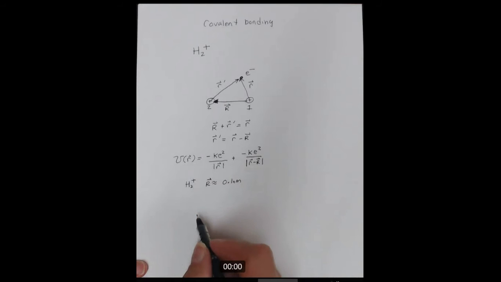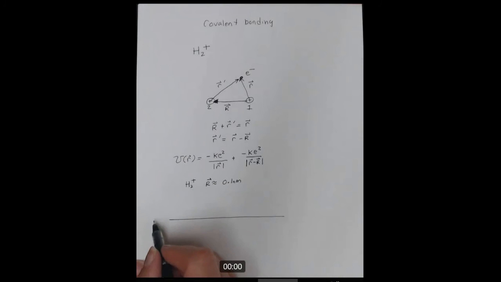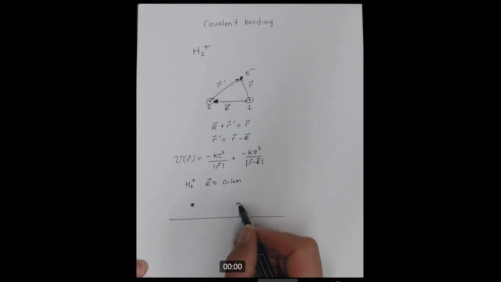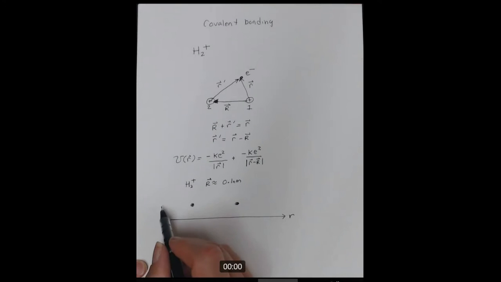But if I looked at a cross section of it, let's let this be the zero energy line there. And let's say I have one of the nuclei here. So maybe this is just some distance, r. It might look something like this.